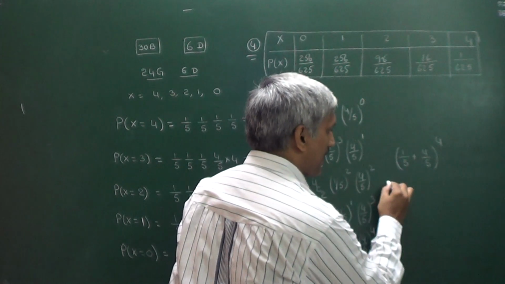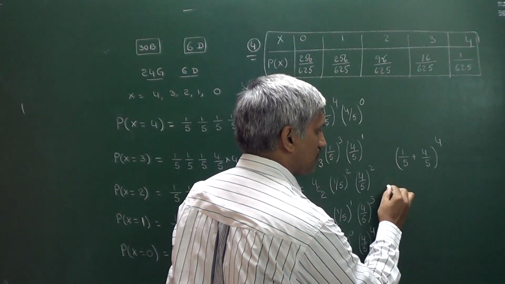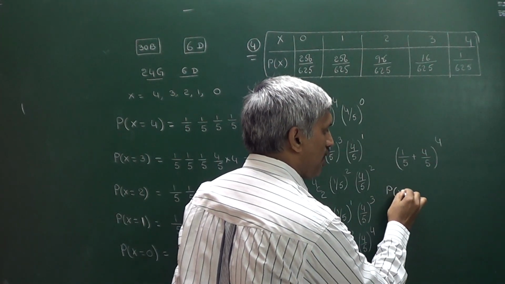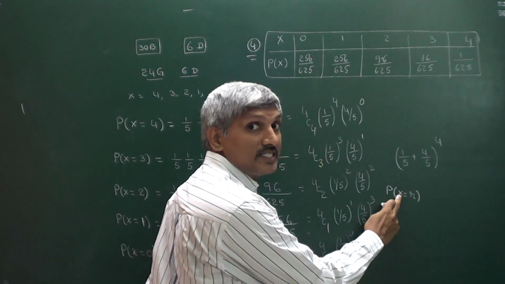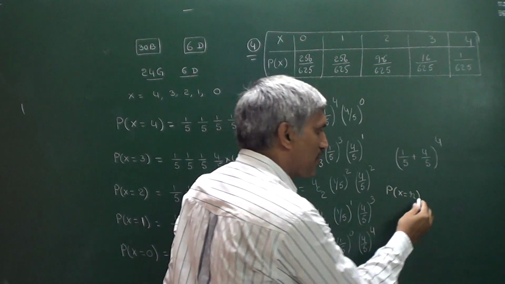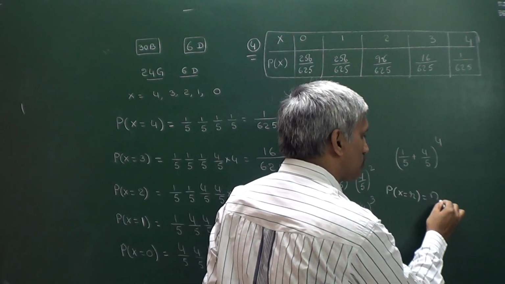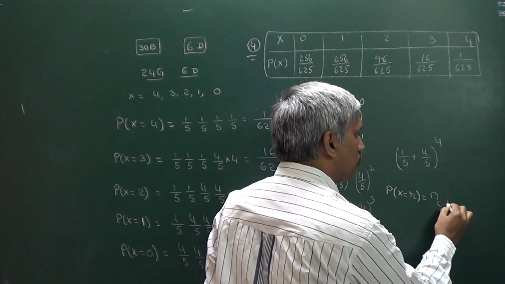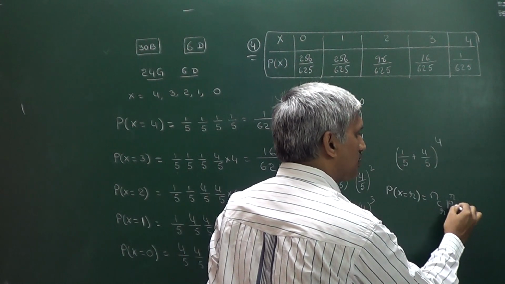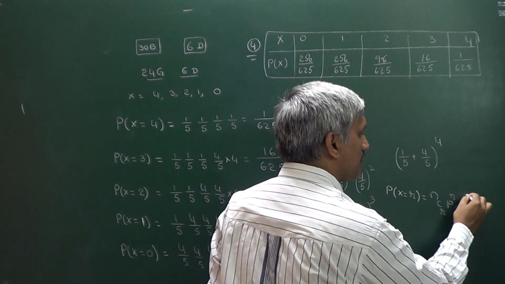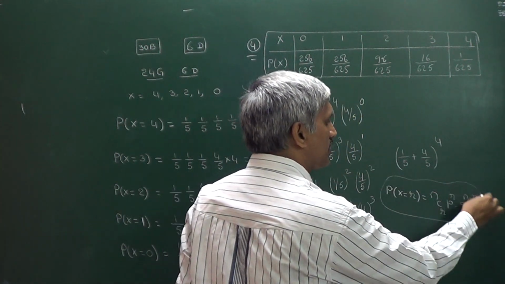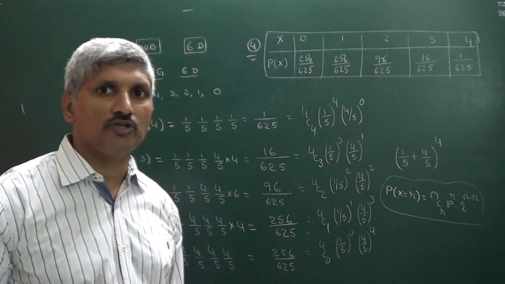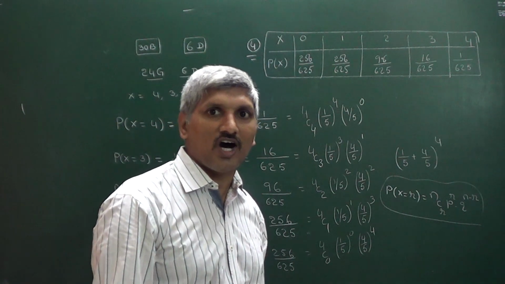We will write it as P of X is equal to R, the probability of getting success R times, which is NCR into success power R into failure power N minus R.